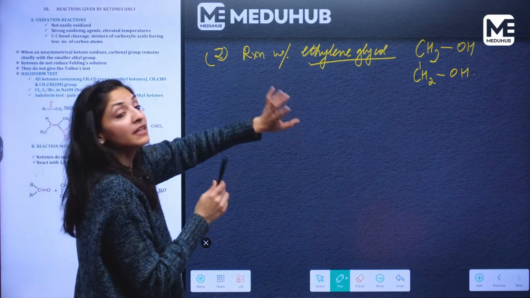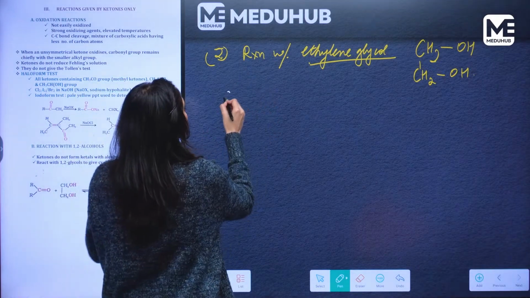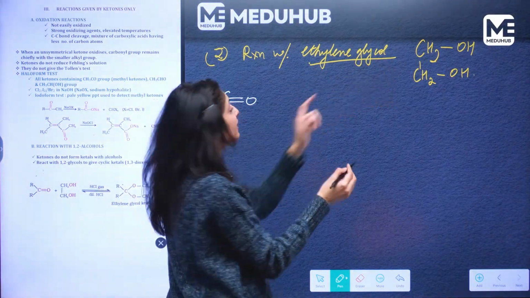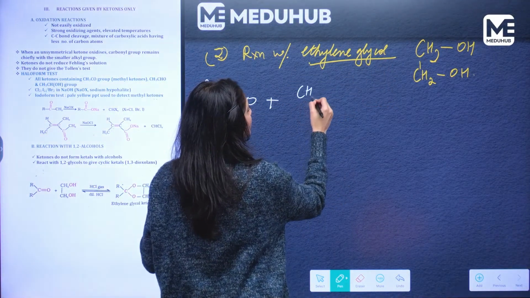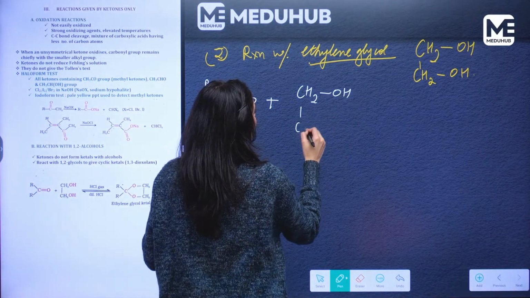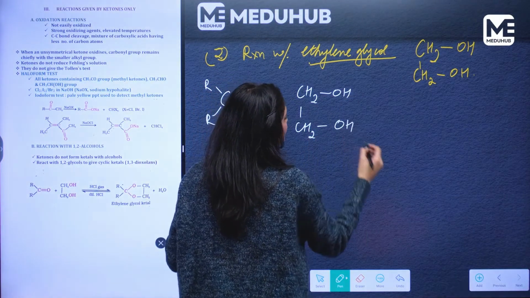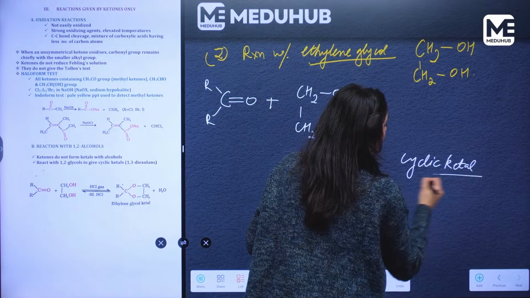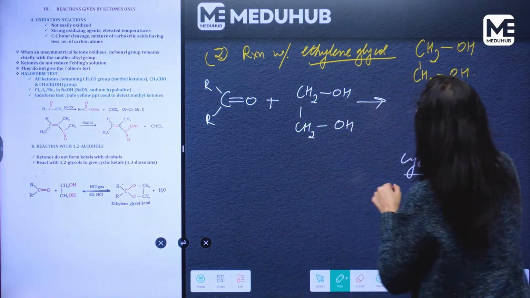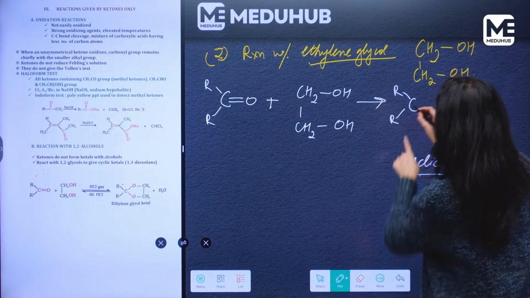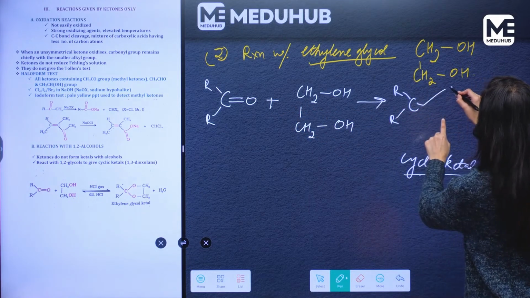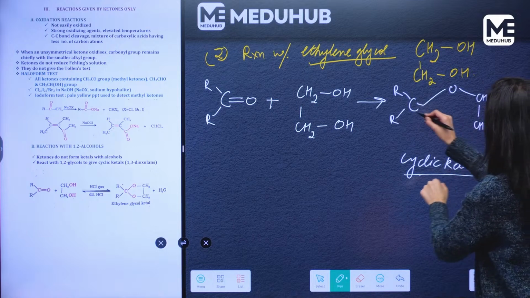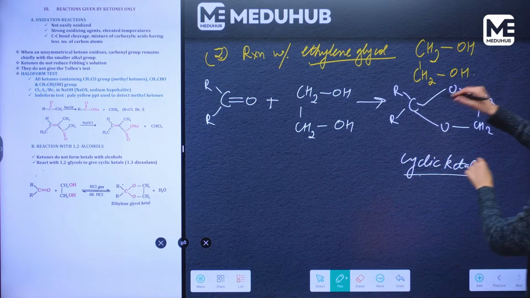But in the presence of an acid, a ketone adds on a molecule of ethylene glycol to give a cyclic ketal. This carbonyl carbon now attaches to oxygen here, CH2, this CH2 here, oxygen and this. This is a cyclic ketal.